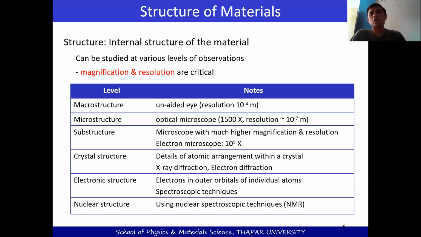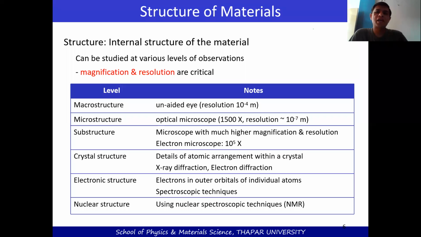Since the mass of the electron is constant and Planck's constant is also a universal constant, lambda equals h upon p equals h upon mv. Now it only depends on the velocity of the electron. And by applying different voltage to an electron, you can either increase or decrease the velocity. That means you can tune the velocity of the electron, and hence you can also tune the wavelength.